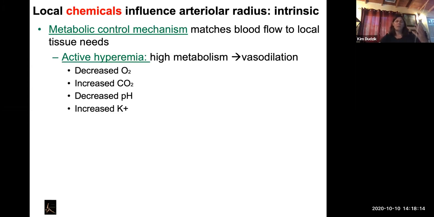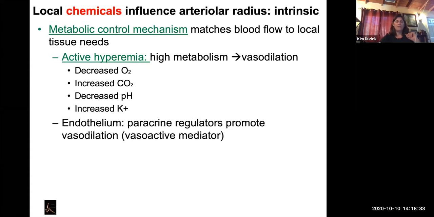So the smooth muscle responds to that increase in potassium again to vasodilate, sweep that blood out of there to get the potassium out, and that keeps the homeostatic condition so that the tissues can still do work and kick potassium out of their cells as needed. So that's called active hyperemia. It has to do with the chemicals either being used or created in metabolism.